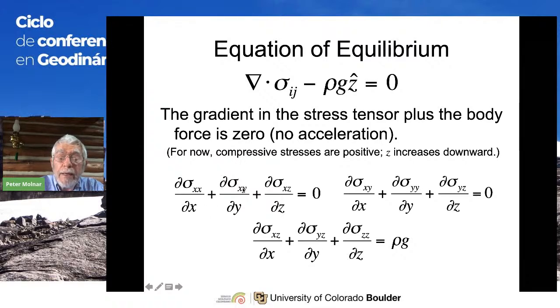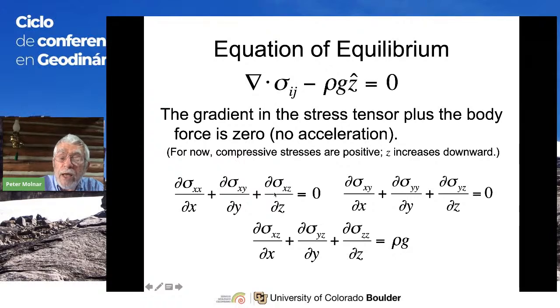Sigma xy is the shear stress on vertical planes associated with strike-slip type deformation. Z is pointing downward. And so how that varies in the y direction. So if the x direction is across the screen, the y direction would be into the screen. And then this is balanced by then the shear stress xz.